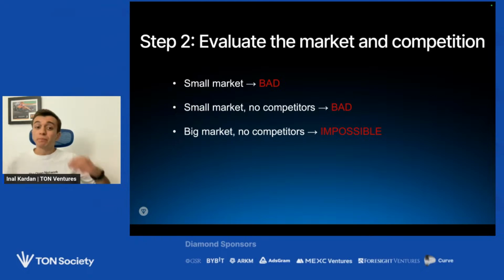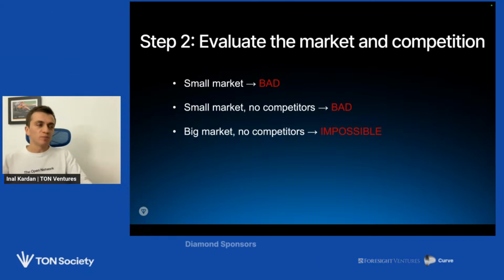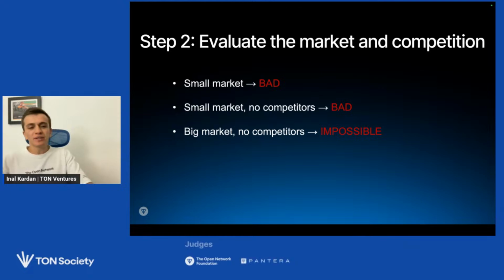The next case is a big market, but no competitors. Some teams say, hey, we see that there is a huge market, but nobody's solving this problem. It usually means that there is no such problem. Again, there are very rare cases when it can be a completely new market.